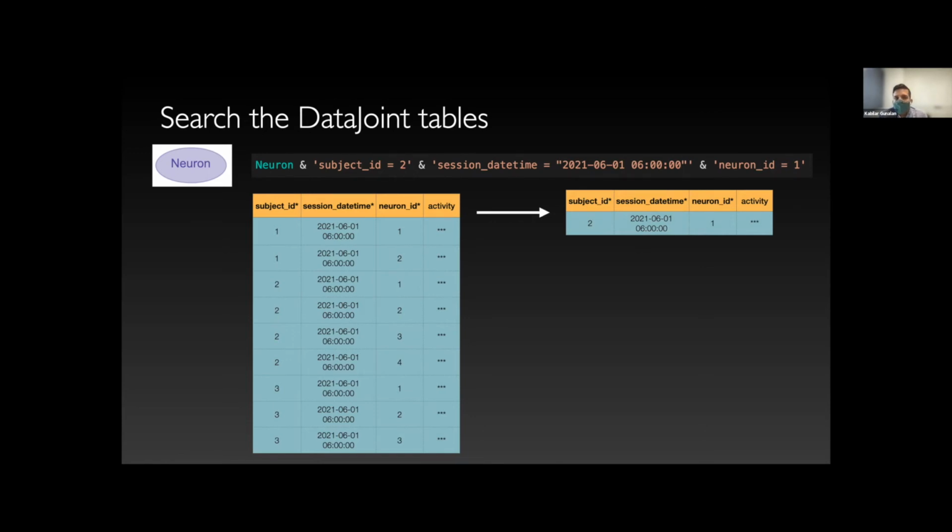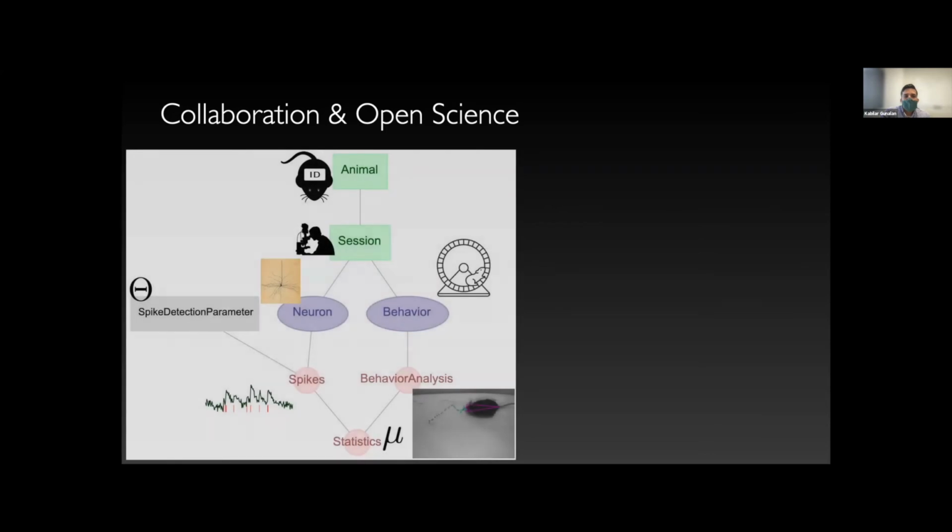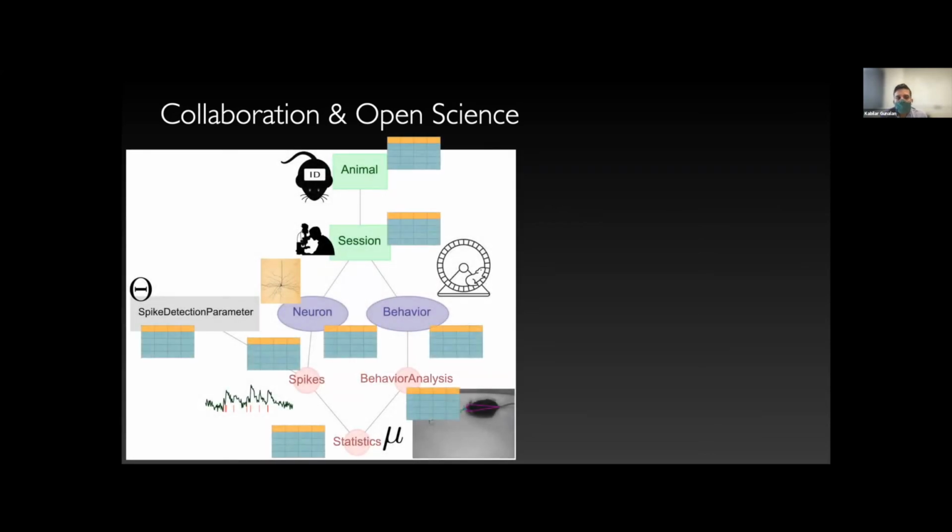And so once you have all your data in your database tables, DataJoint really promotes open science and collaboration. It's really a natural extension from your DataJoint workflow. And so, as I mentioned, each step in your workflow is a DataJoint table.